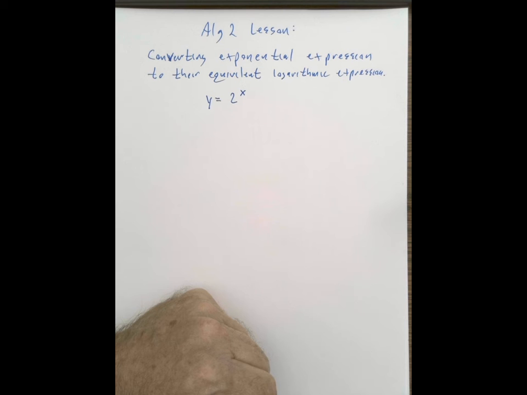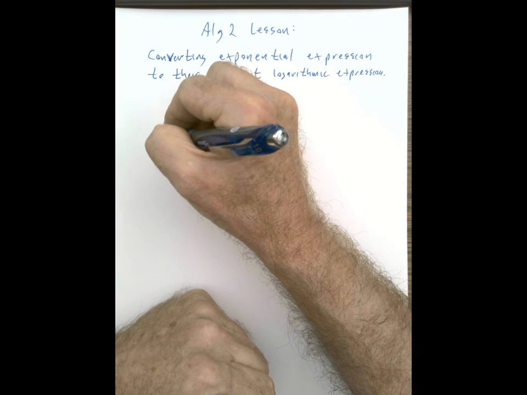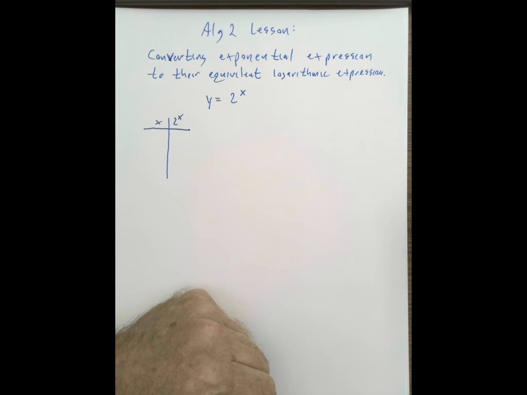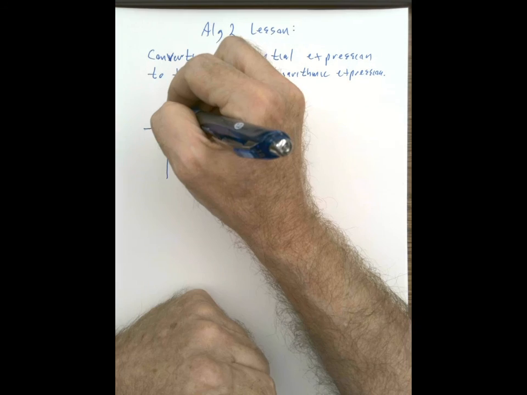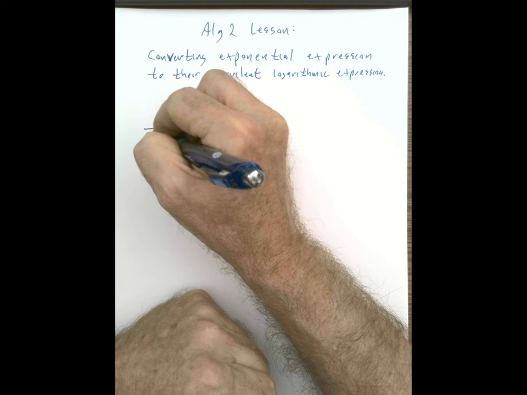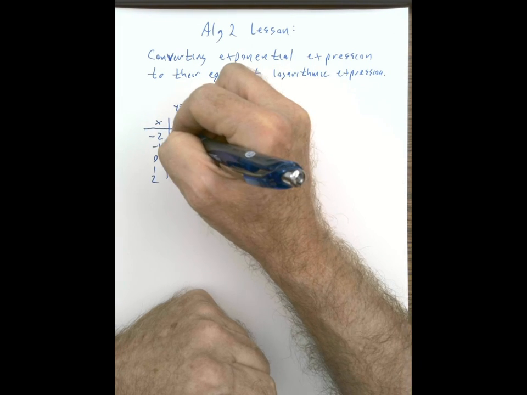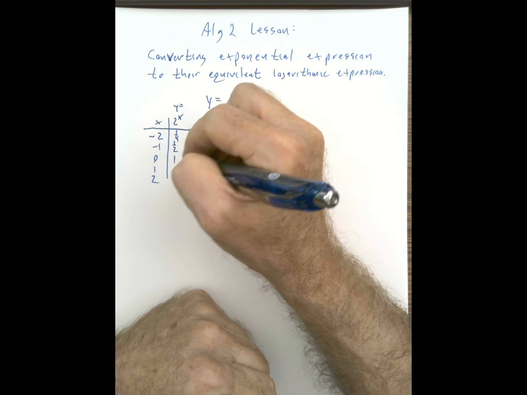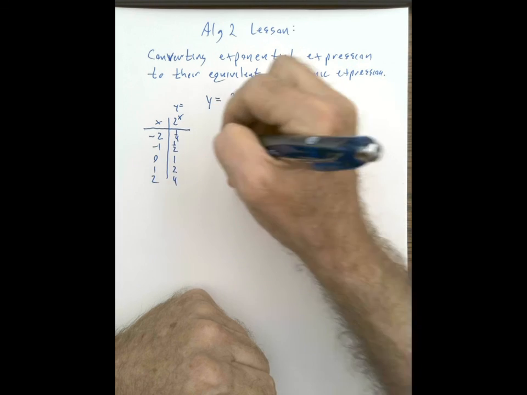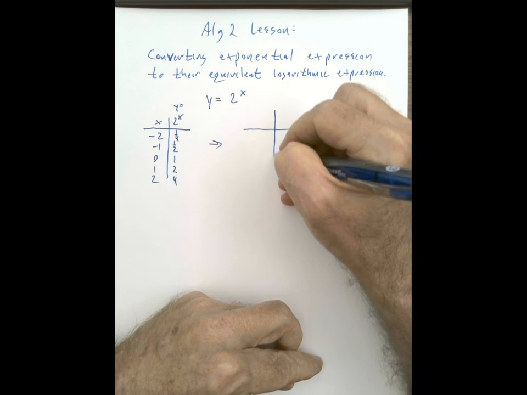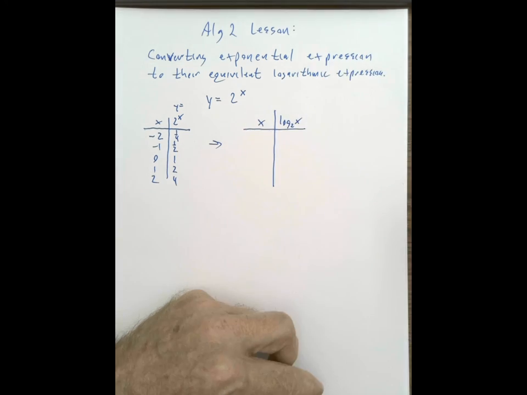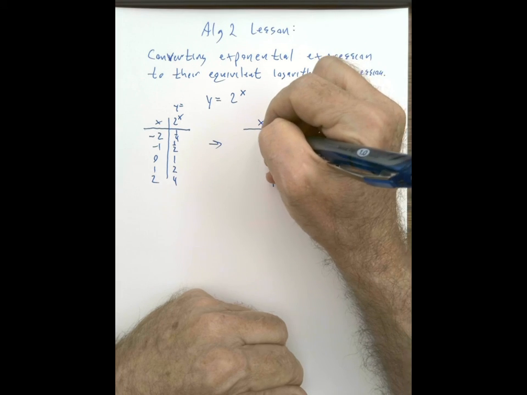In fact, we said that the log and the exponential functions were inverses of each other. If this is the exponential function, y equals 2 to the x, with these values here, then to form the equivalent logarithmic function, we flipped the x and the y.